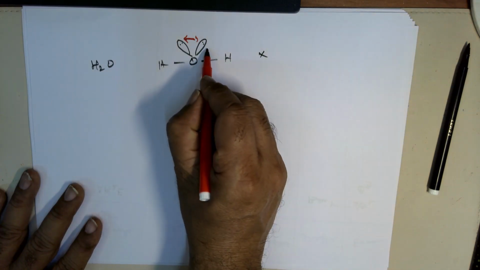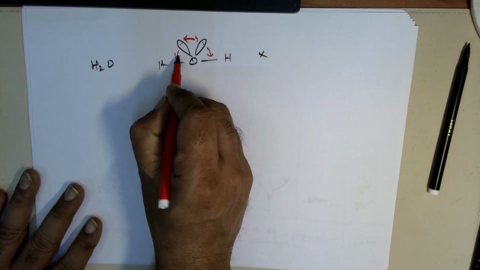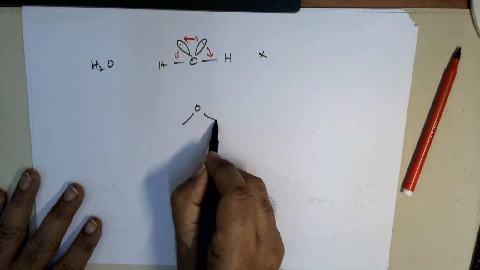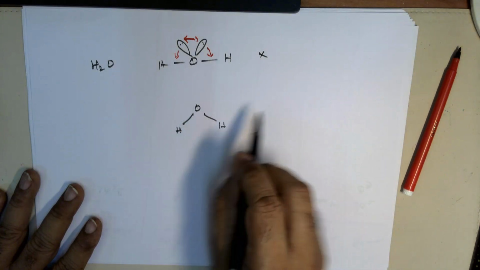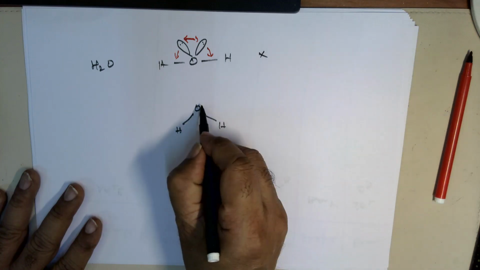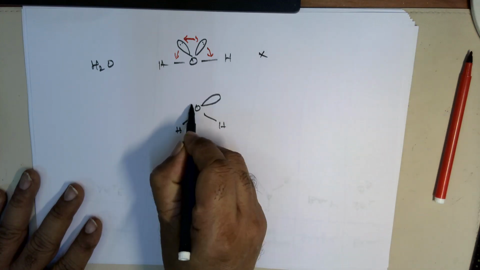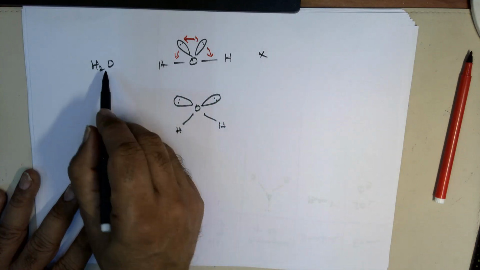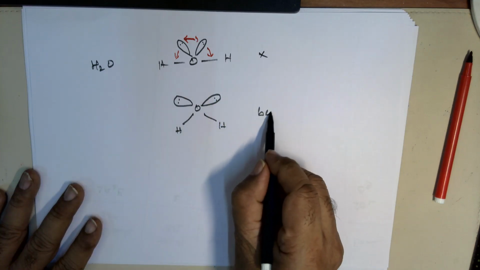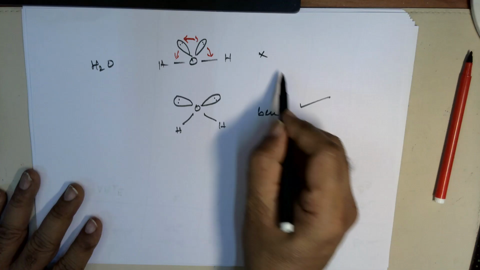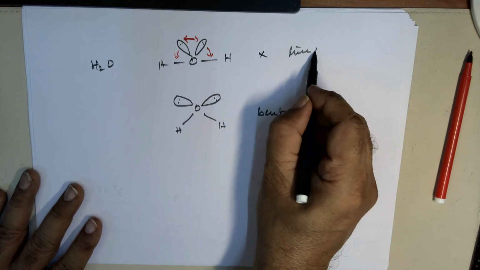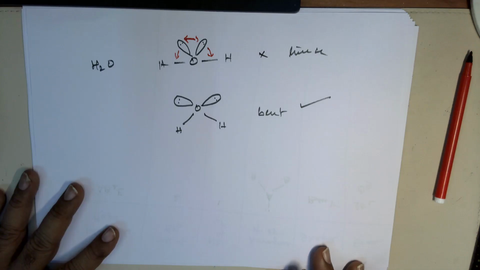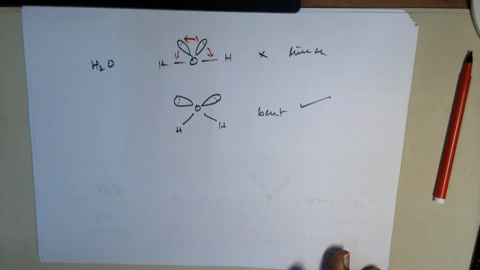This repulsion pushes the bonding electrons down, so it becomes bent like this. They keep the maximum distance. That is why water is a bent, V-shaped structure, whereas linear is ruled out. So this is explained based on the what? VSEPR theory.